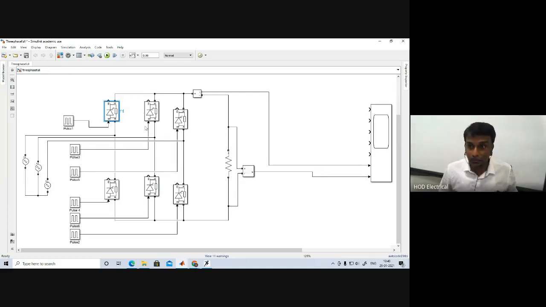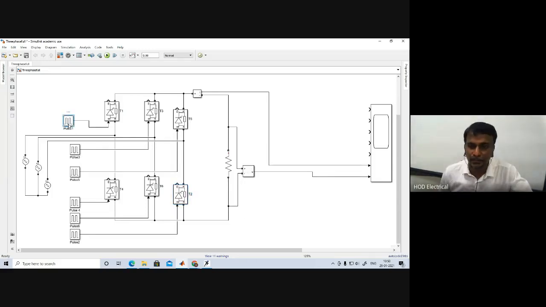This is T1, and this is nothing but T3, and this is nothing but T5. Then here this will be T4, and this will be T6, and this will be T2. So this is the waveform.